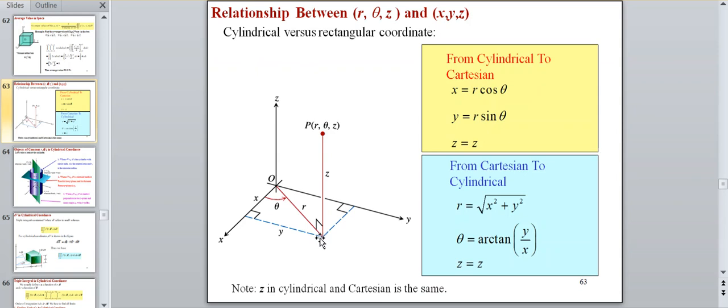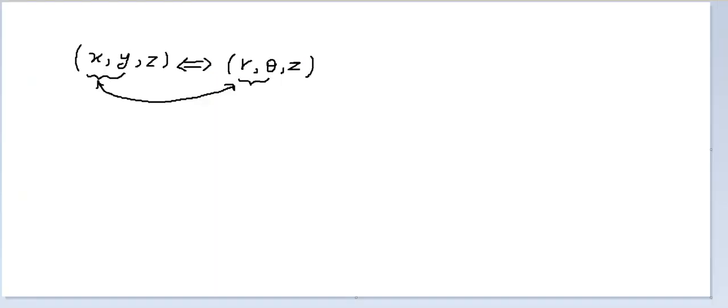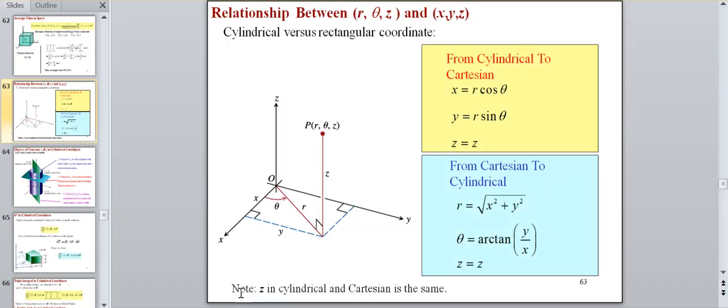When it drops onto the xy plane, we have here x and y, or simply you consider the first two components, x and y. So we have a point in the xy plane, or two-dimensional space. X and y are the coordinates of this point.